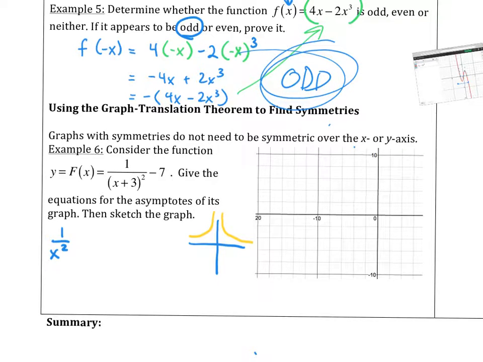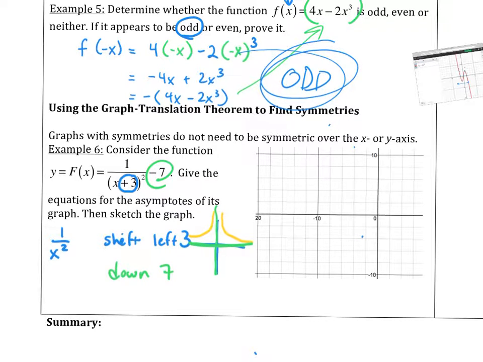All right, so what to do is I see how it shifts. Because this is a plus 3, I can see that this is going to shift to the left 3. And then this part it's going to shift down 7. So instead of originally being asymptoted here, it's now going to shift left 3 and down 7.